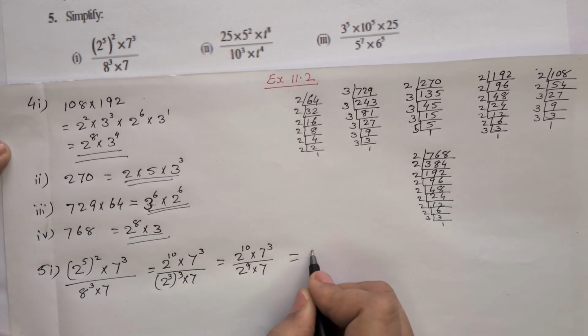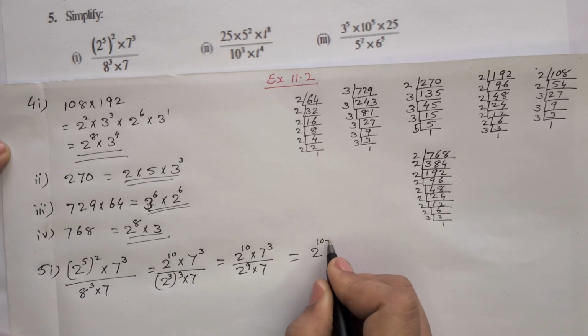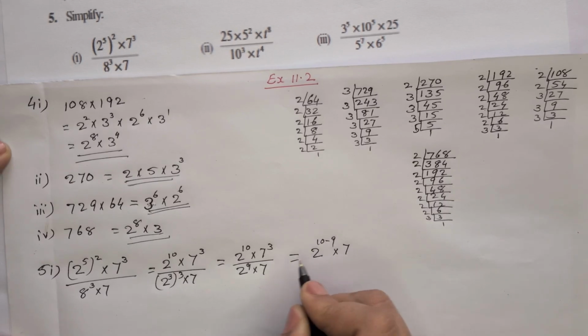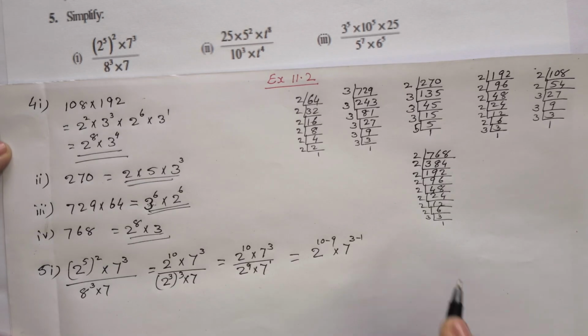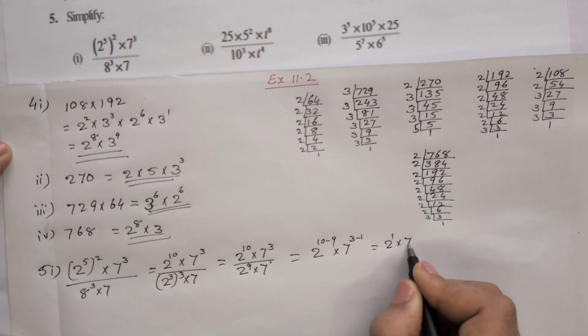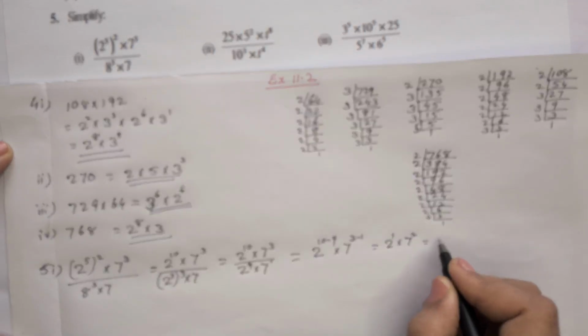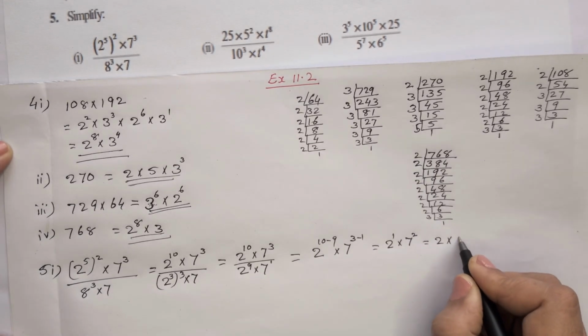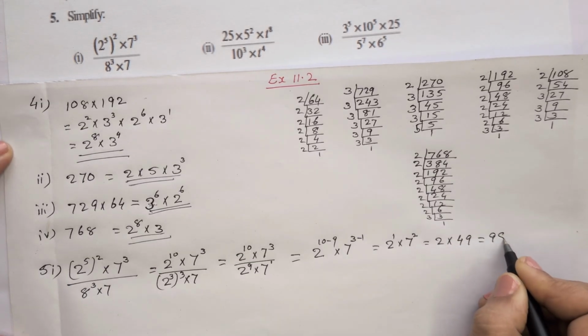And that is equal to 2 raised to, division rule, 10 minus 9, into 7 raised to 3 minus 1, which is equal to 2 raised to 1 into 7 square, which is equal to 2 into 49, that is equal to 98.